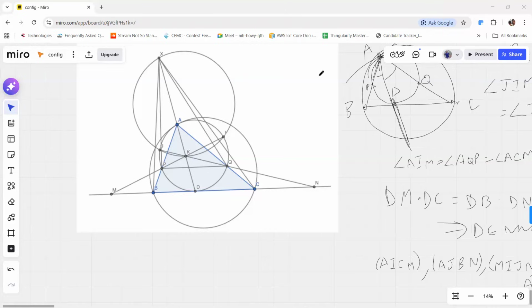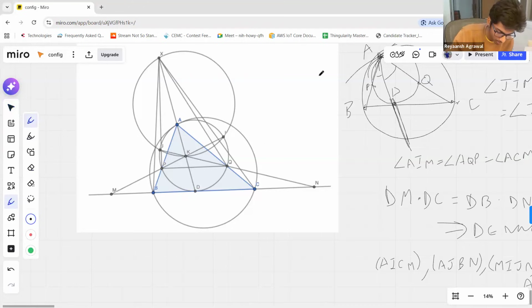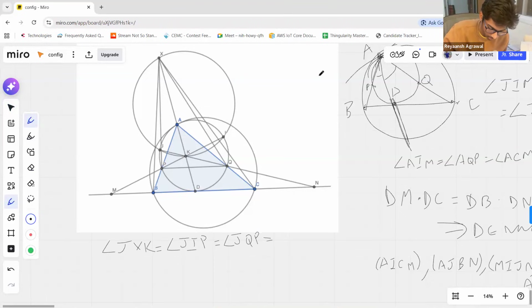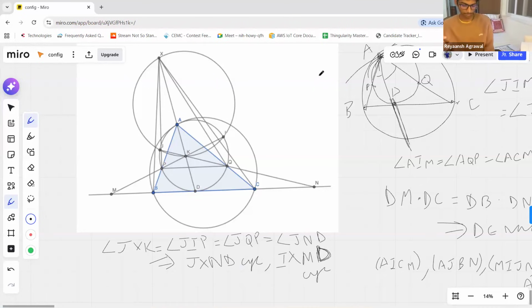So angle JXK is equal to angle JIP, JQP equals JND. Therefore, JXND is cyclic, and similarly IXMD is also cyclic. Okay, so JXND and IXMD are cyclic.